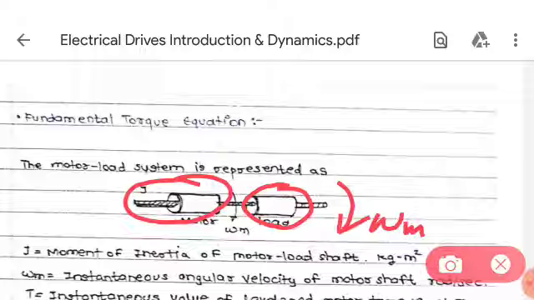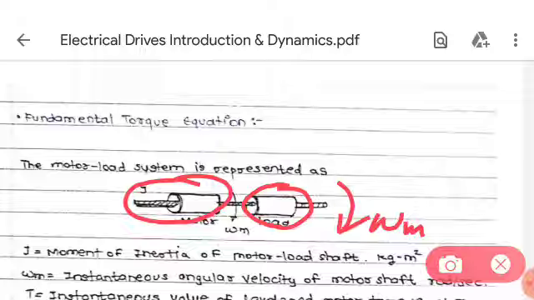So it is very convenient to express the speed in radians per second here in drives because we have to deal with some electromechanical systems. Load is mechanical and the motor is electrical. There is interaction between electrical and mechanical, so it is very advantageous to represent the speed in radians per second.